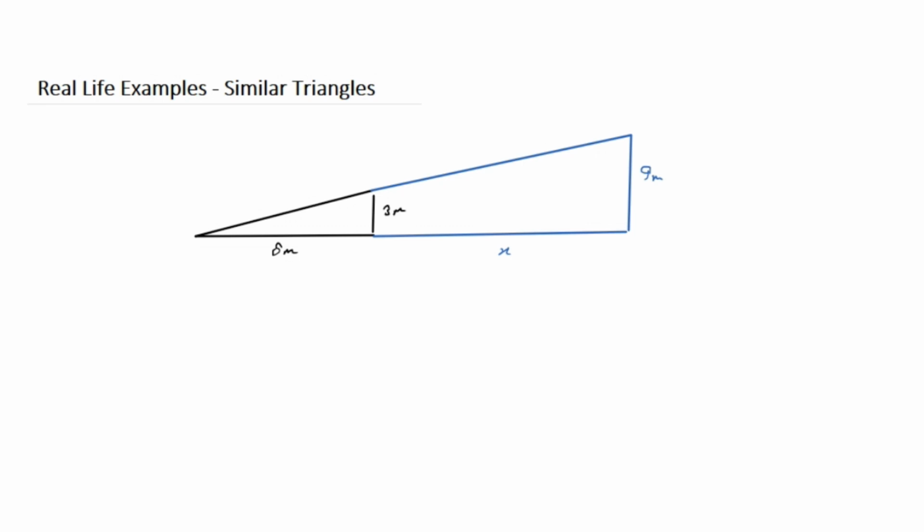Well, this is a 90-degree angle right here. This is a 90-degree angle right here. That means this line is parallel to this line, or the posts are going to be parallel to each other. Therefore, this angle is going to be equal to this angle, which happen to be corresponding angles between the parallel lines, and obviously this angle here is common to both the triangles.